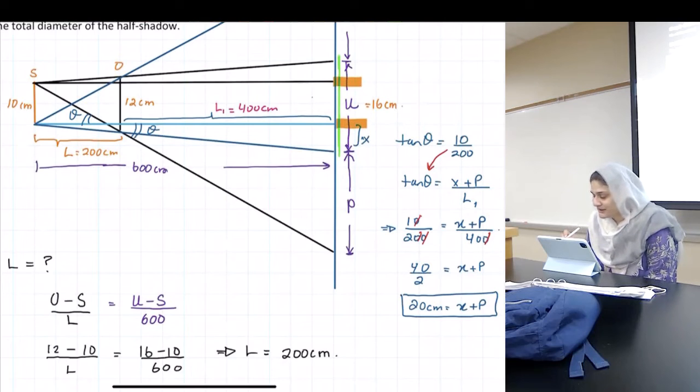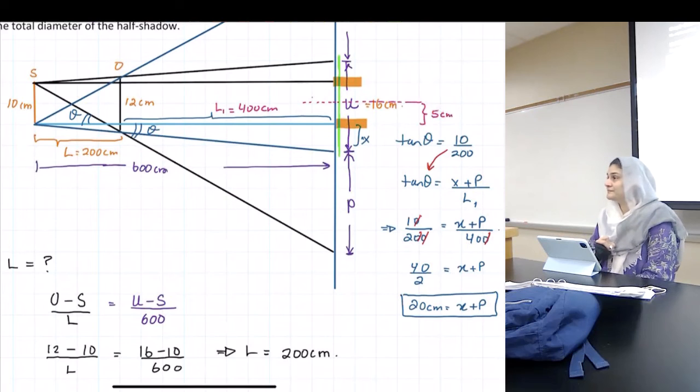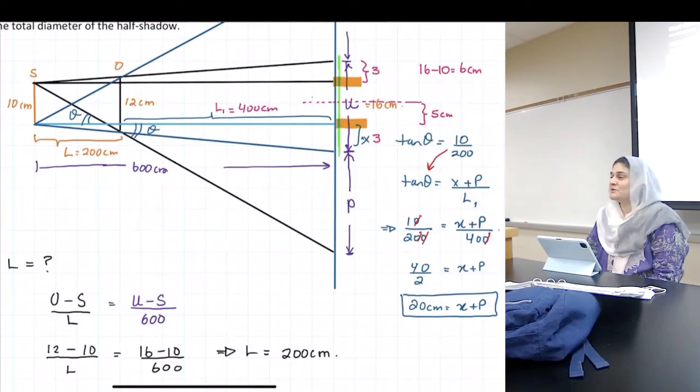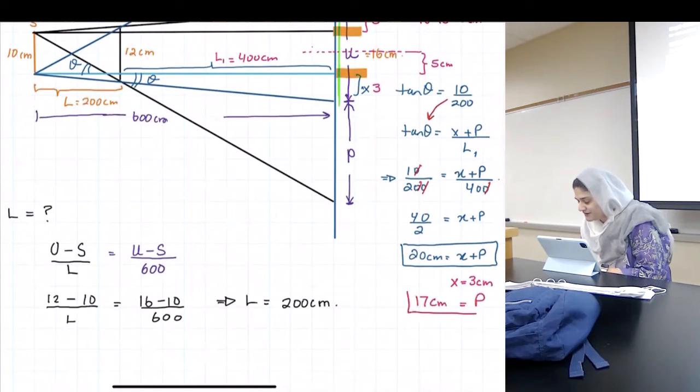Half of that is above and half of that is below. So that means this distance is 5. And so we get 16 minus 10, which is 6 centimeters left over. So half of that will be 3 and half of that will be 3. So x is 3. So P will be, does everybody understand that logic?